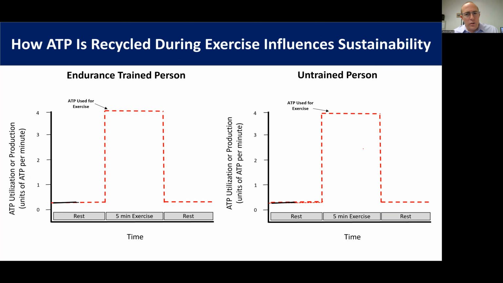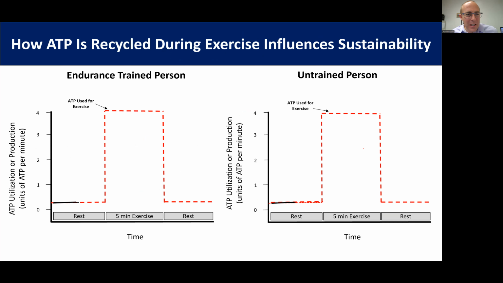So where we get our ATP from strongly influences the sustainability of an exercise. Let's assume that we have two people exercising side by side. They're riding these cycloergometers and they're riding at, let's just say, 15 miles per hour. So they're doing a good deal of work here.